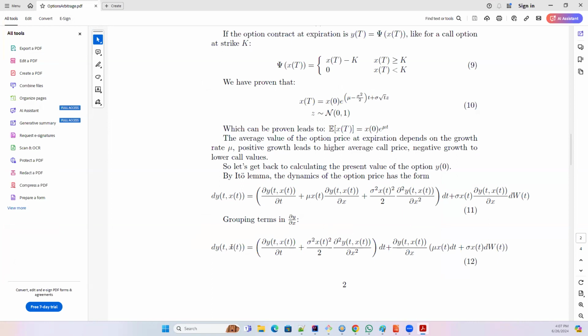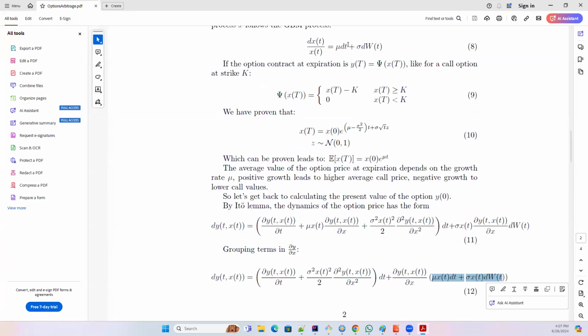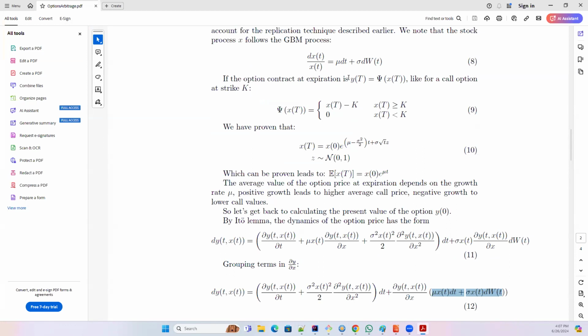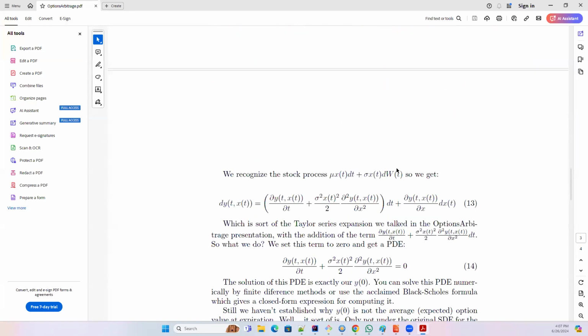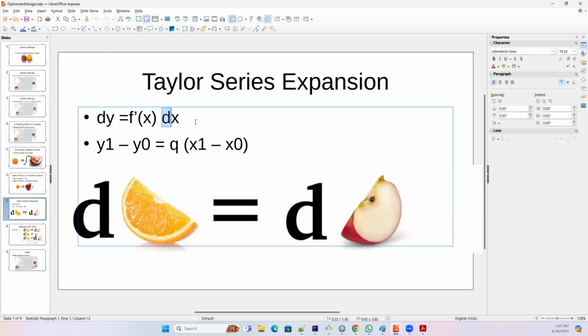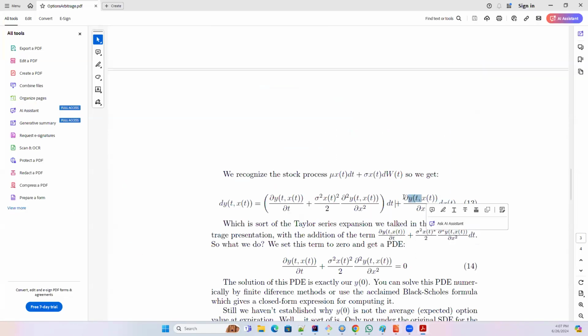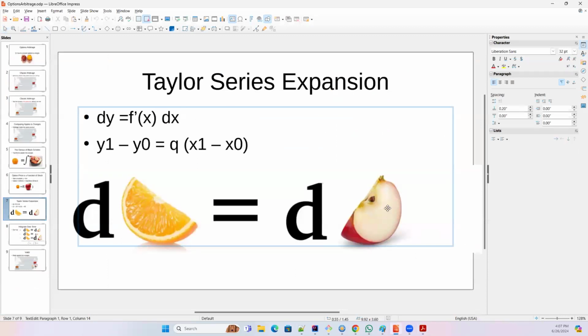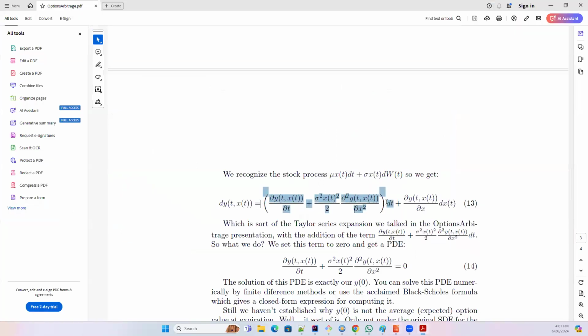Regrouping the terms and noticing that this term is actually the stock price, eventually we are left with this. It looks a lot like dy, the differential of the option price, equals the differential of the stock price x times the derivative of the option with respect to the stock, plus this stuff. So it's almost this, but we have this stuff getting in the way.